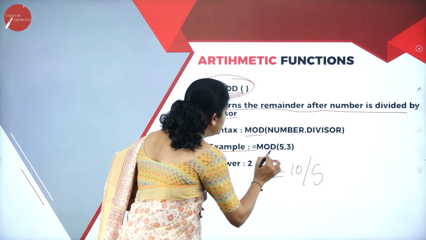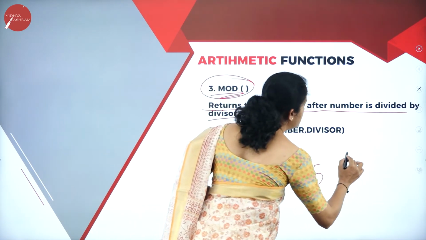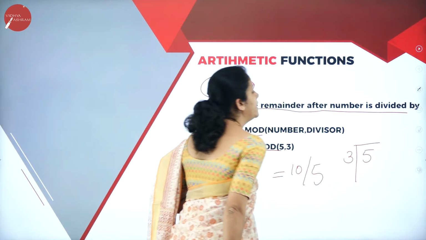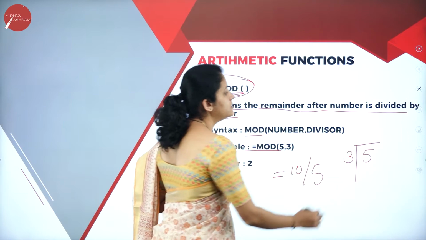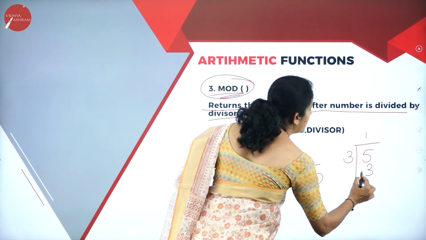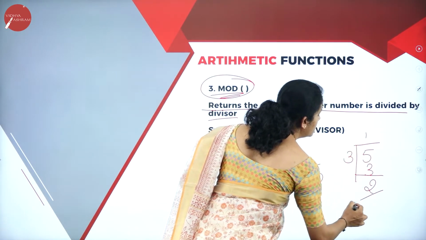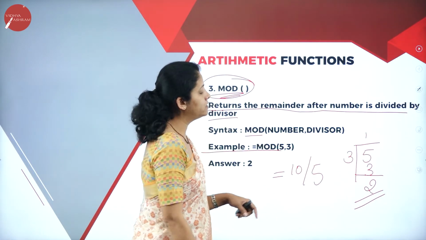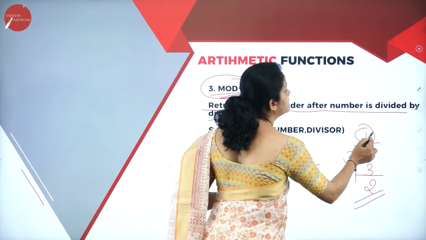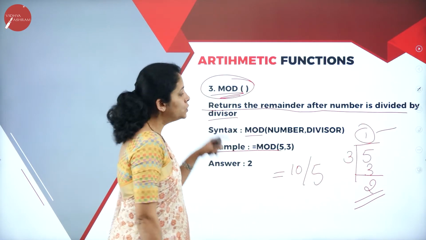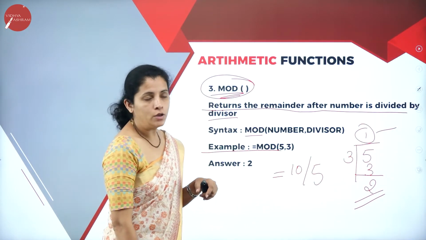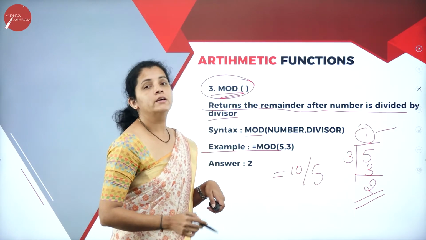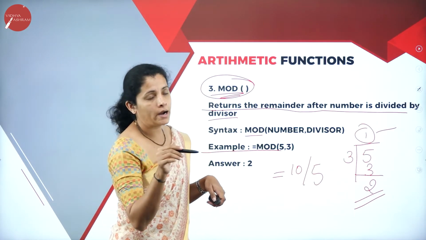If I consider this example, it is 3 and 5. So 3 ones are 3, and what is the remainder? 2 is my remainder, and 1 is the quotient. To get the remainder value, I use the function called mod. Here mod returns the remainder.